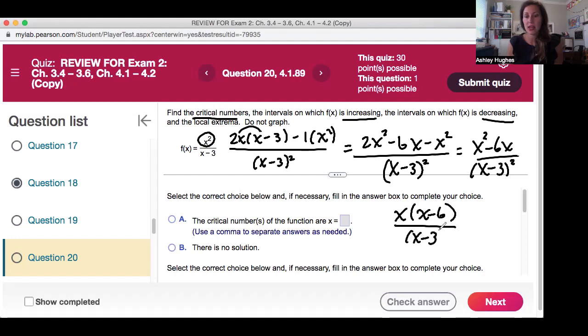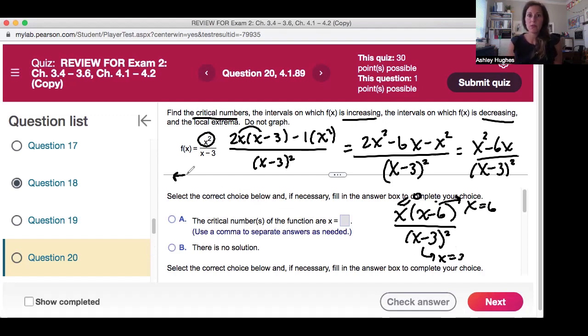And so I see I have 3 factors, right? 3 possible places where I have an issue. So x equals 0 is a critical value. From here, x equals 6. And from here, x equals 3. Now the function doesn't exist at 3, but we still need to consider what's happening there.